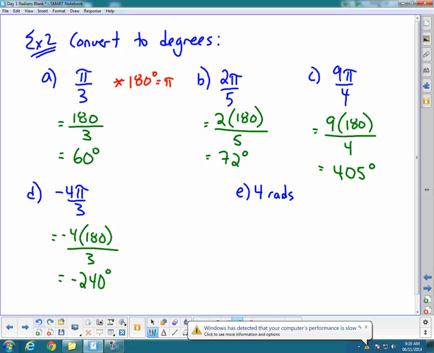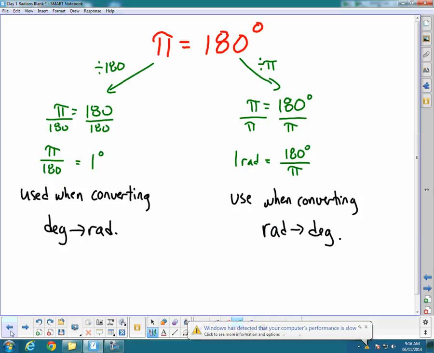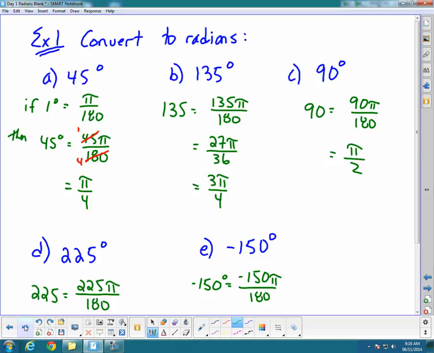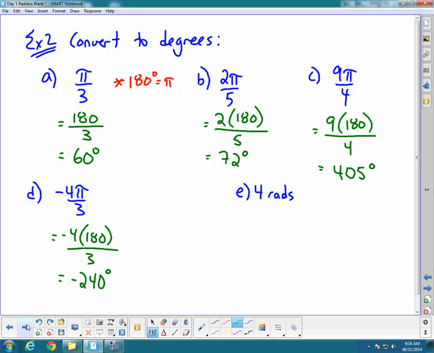This is where we would go back and say, oh, remember this little thing right here? 1 radian equals pi over 180. Oh, is it 180 over pi? Thank you. So if 1 rad equals 180 over pi, then 4 radians would just be 4 times that number.